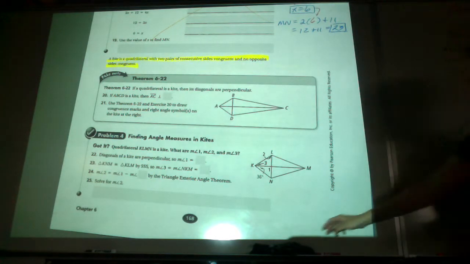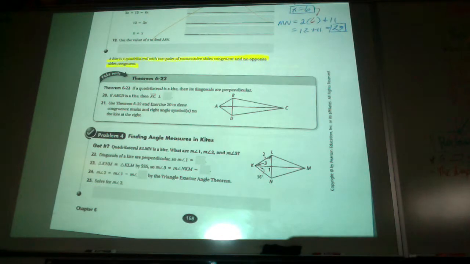Well, let's use our definition. It has two pairs of consecutive sides congruent and no opposite sides congruent. So that's your last quadrilateral that we're learning.